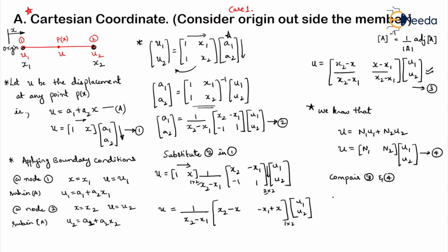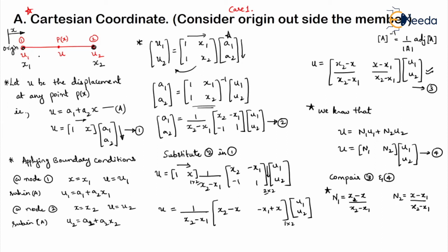So on comparing, N1 will be equal to (x2 - x) by (x2 - x1), right? And your N2 will be equal to (x - x1) by (x2 - x1), right?